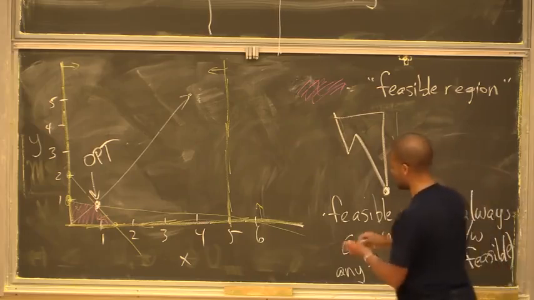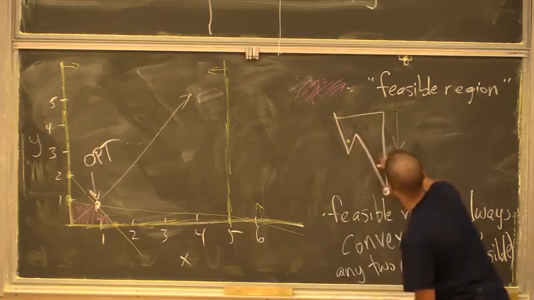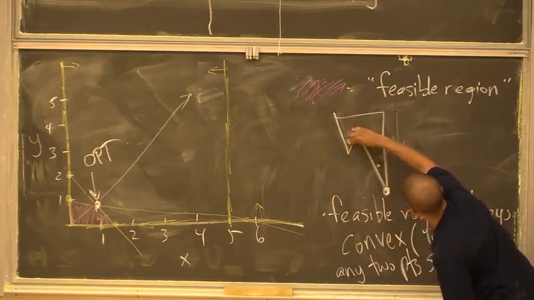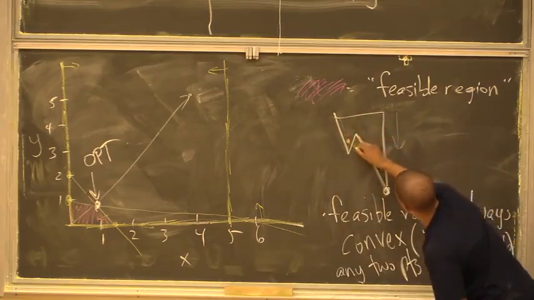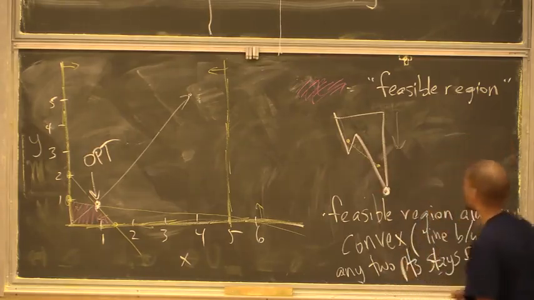That's not true here. If you take this point and this point, the line between them exits the region, which is bad. That's not convex.